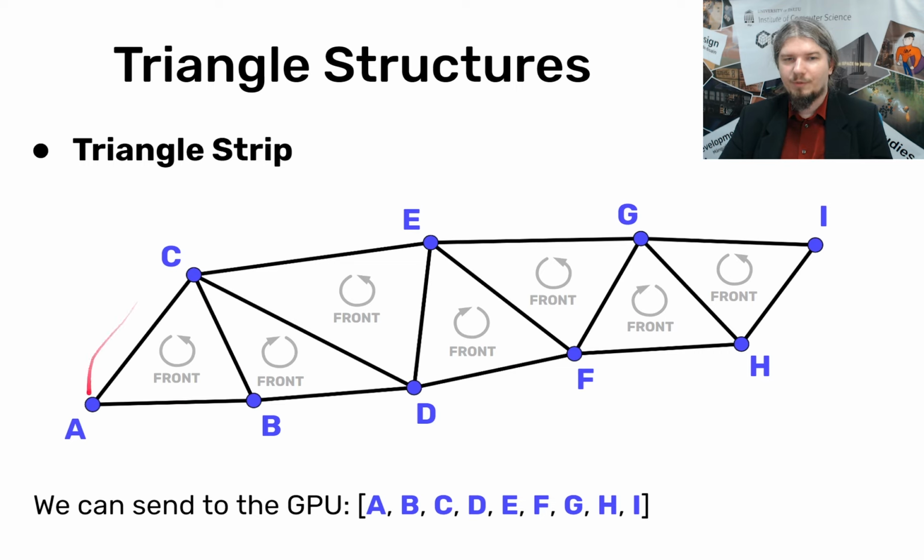So the first one would be here, but as soon as the fourth coordinate D comes, then it will make a new triangle with these 2 previous vertices as well. And if you send another vertex, it will make a new triangle with 2 of the previous vertices. And another vertex, a new triangle with 2 previous vertices.